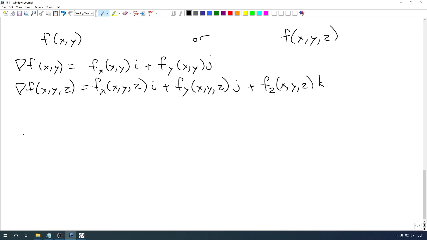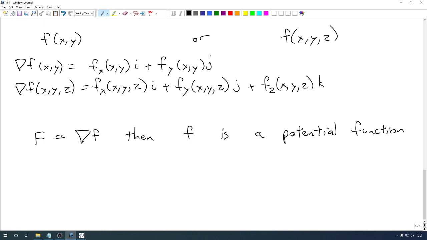If we start with a vector field capital F, and we want to identify a scalar function little f such that capital F is the gradient of little f, then we say little f is a potential function for capital F. Technically, there are multiple potential functions if it does have one, just because derivatives get rid of any constants.